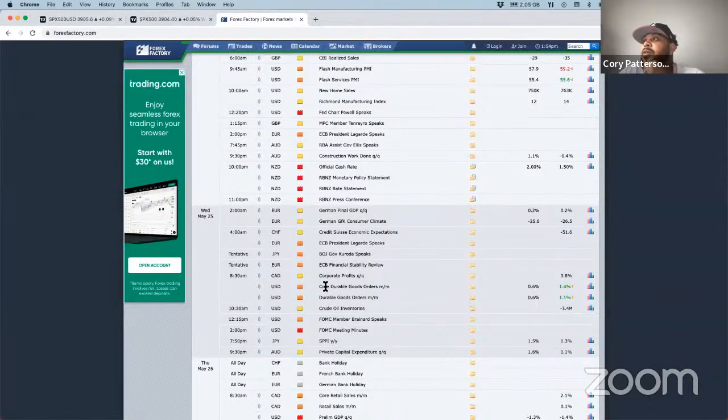Wednesday, core durable goods. Again, this will have to do with inflation information. This is another key factor in inflation and cost of goods and services. And we have an FOMC meeting.